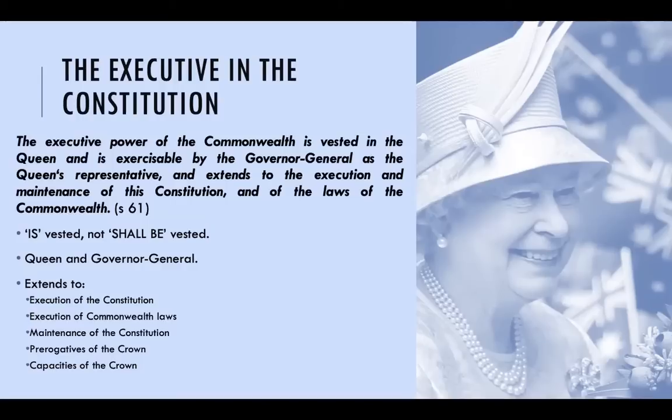But look, constitutionally speaking, and according to the literal understanding of the Constitution, the head of the executive is the Queen. She is the formal repository of the executive power, with the Governor-General as her representative. Now, as I said, as we will see, pragmatically speaking, there's a different story, but the text of the Constitution gives that power to the Queen.